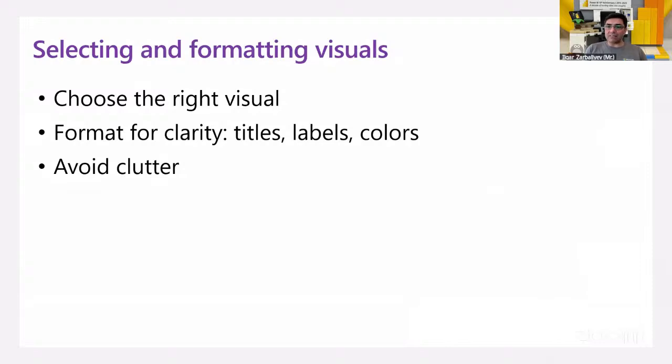That means clear titles that tell people what they are looking at, readable labels, and colors that are intentional rather than just whatever the default theme gave you. The third is avoiding clutter. It's tempting to cram every field and every visual onto one page, but a cluttered report is a report nobody can actually read. Less is almost always more here.